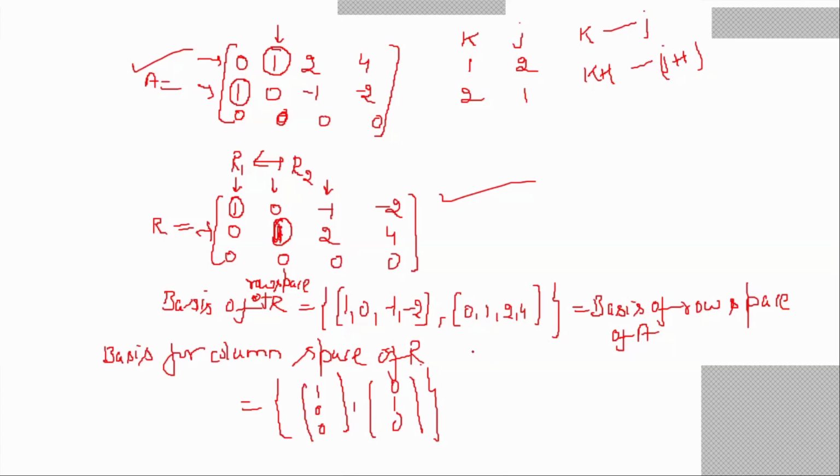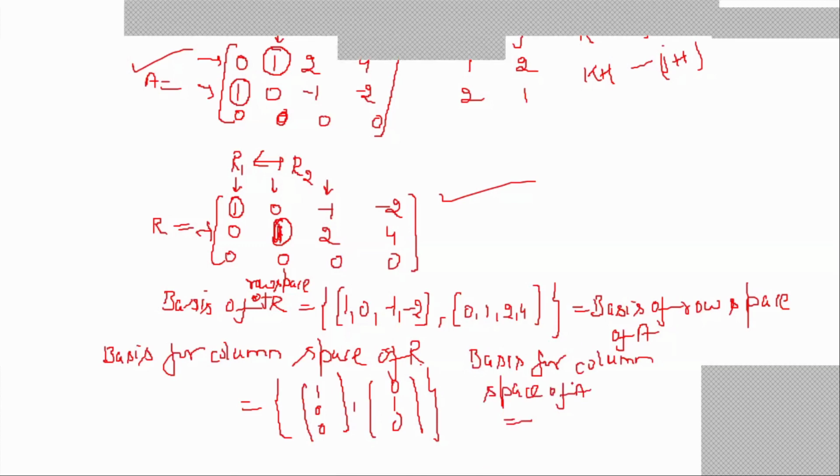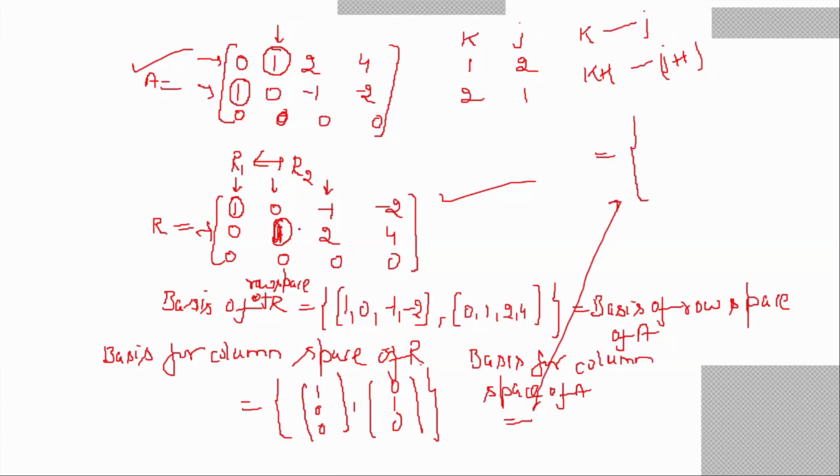Like, basis for column space of A, I will write here. So corresponding columns: in R, the basis for the column space is the first column and second column.